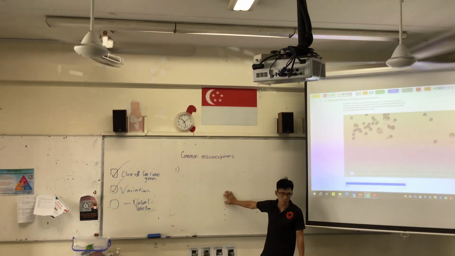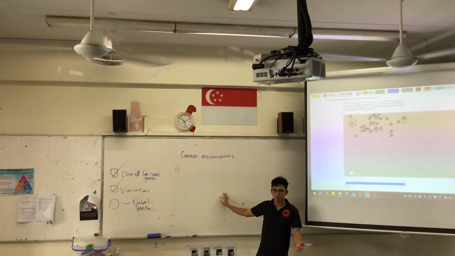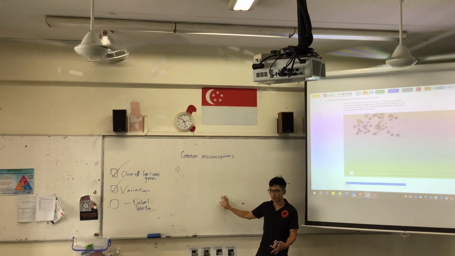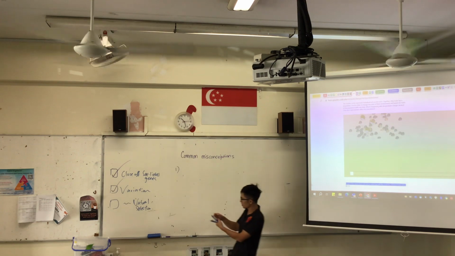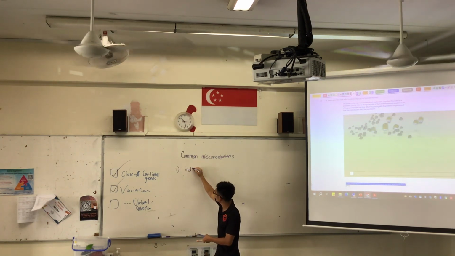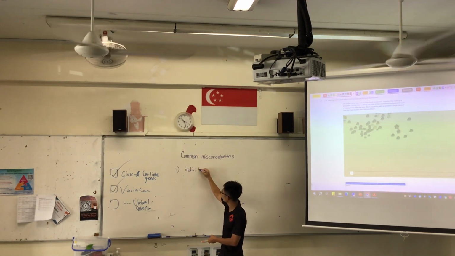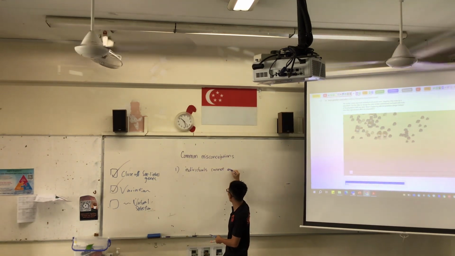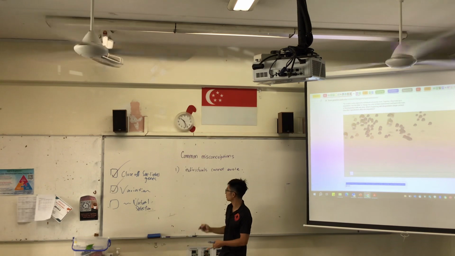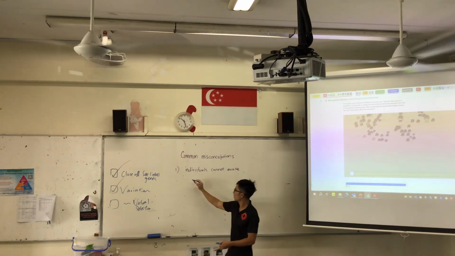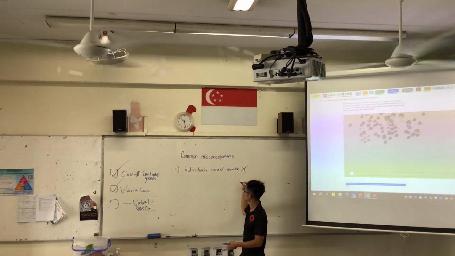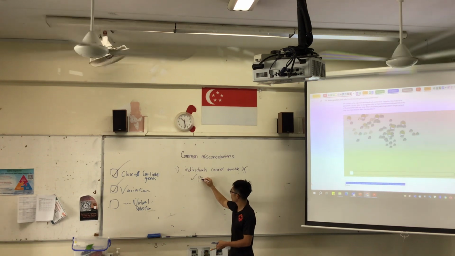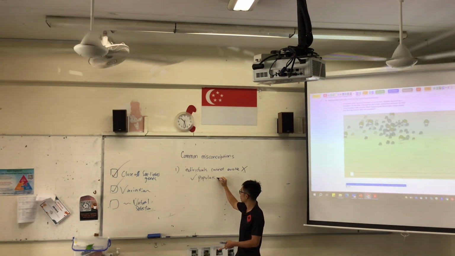I'd like to summarize some common misconceptions people often have about evolution. First one is that individuals cannot evolve. The correct one is populations can evolve.